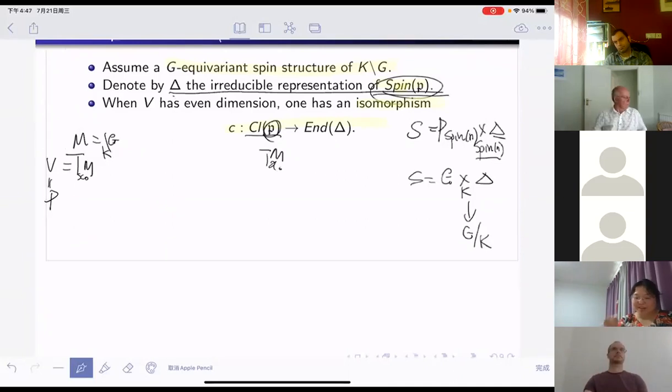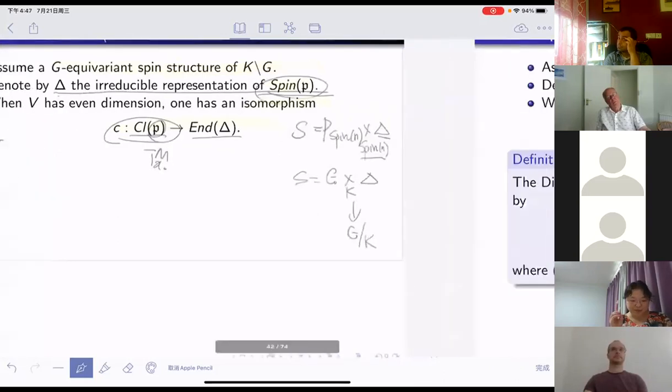So in a similar fashion, we can have an isomorphism going from the Clifford algebra of P to the endomorphism of this spinor representation, and that is an isomorphism.